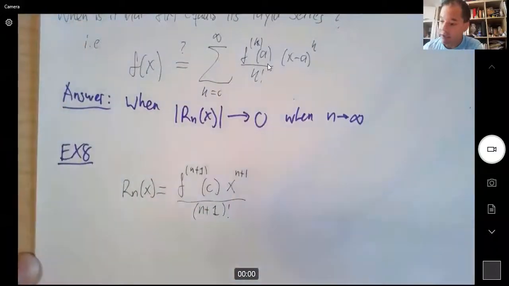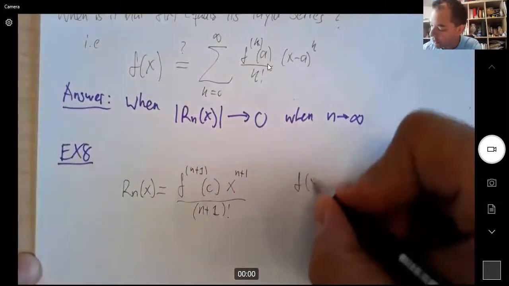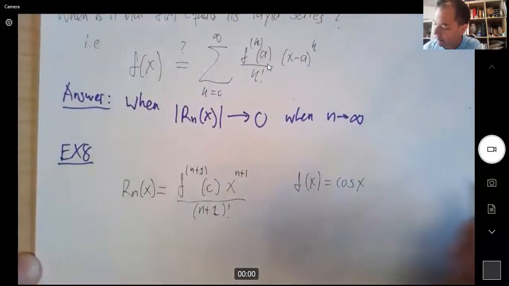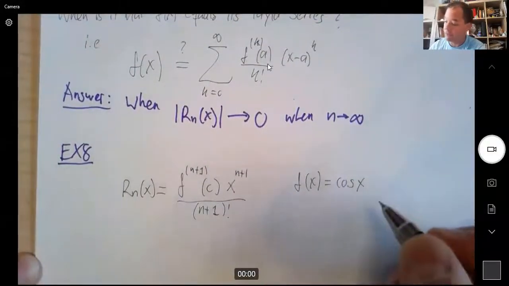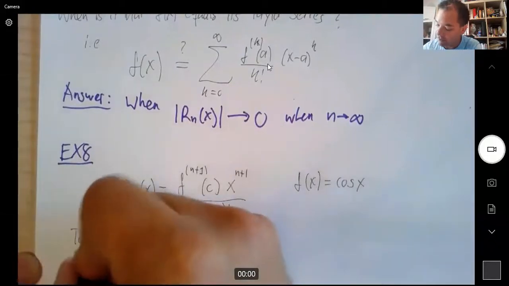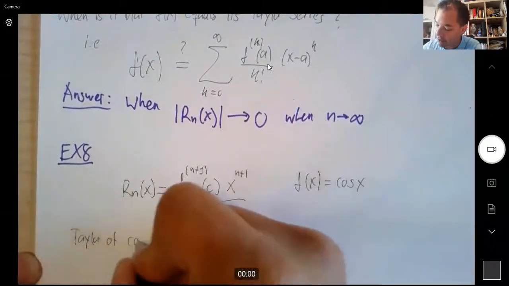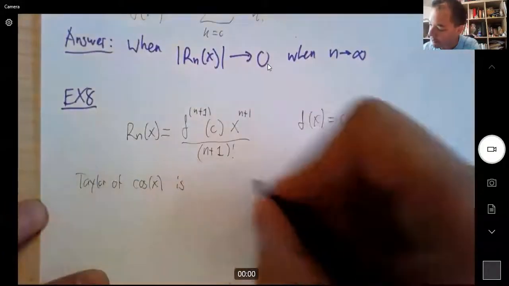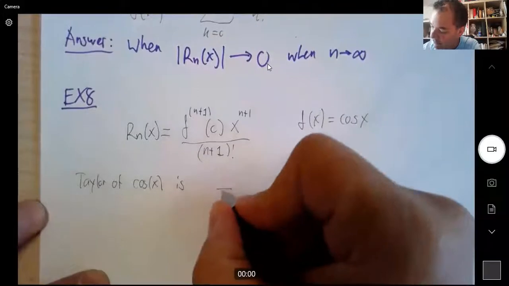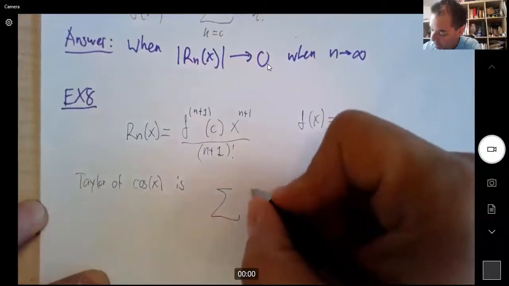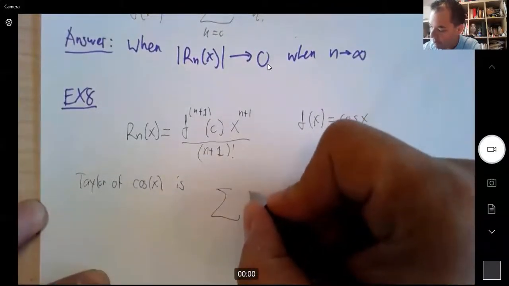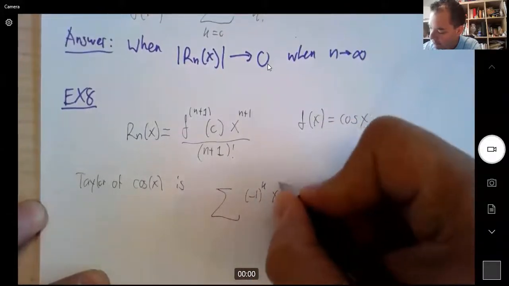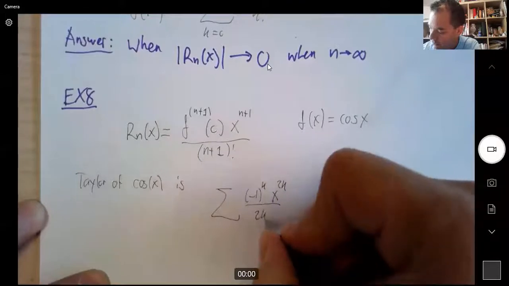Right? So remember, we're working with the function cosine x, and we're trying to show that its Taylor series equals the function. So the Taylor series for cosine x, let me write it right here. This is not needed for this problem, by the way, but I will just write it. The Taylor series is the sum from 0 to infinity of negative 1 to the k, x to the 2k over 2k factorial.